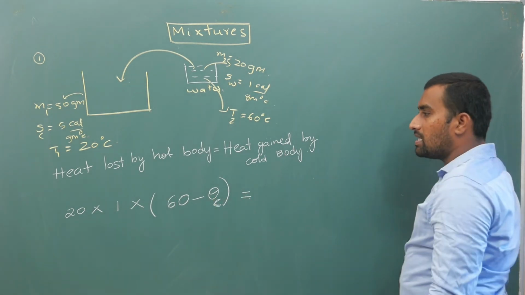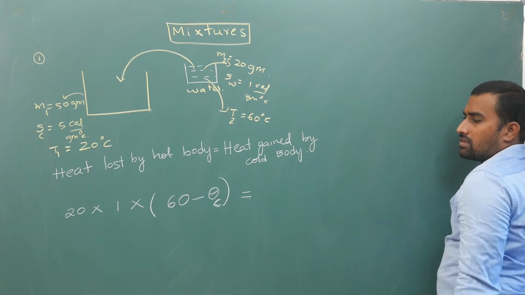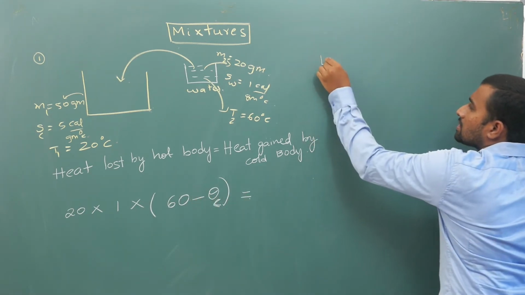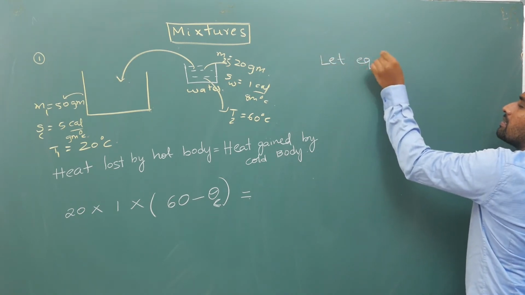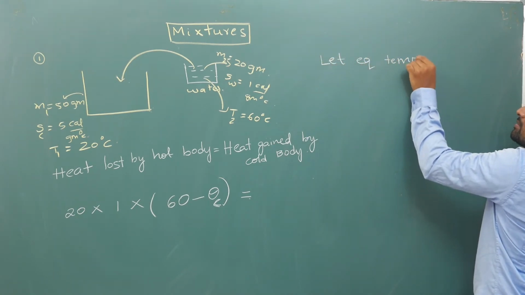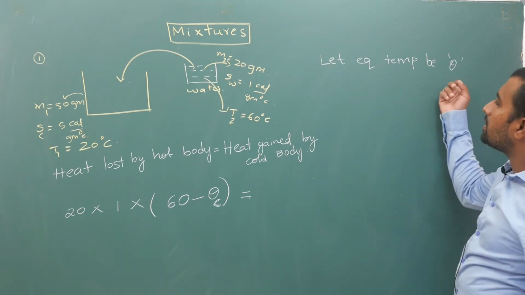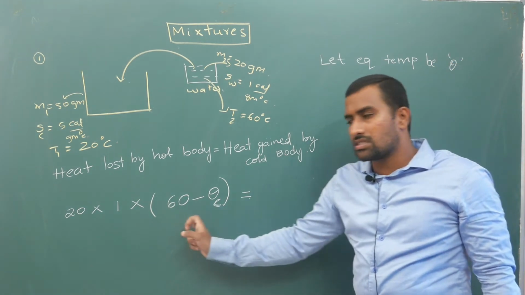Here I must have written this step first itself: let the equilibrium temperature be theta. So if it is theta, your loss is this much.